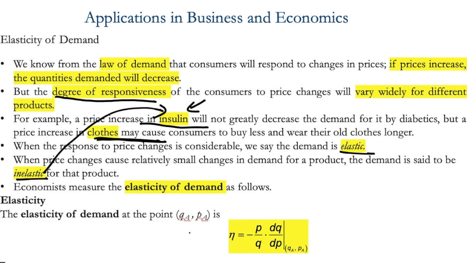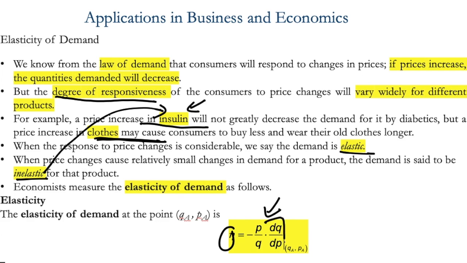The formula, let's say we have quantity equivalent to QA at the price of PA. PA could be $5, $6, whatever, and let's say at $5 the quantity is 10. I'm just making up numbers. Then the formula is given by this: eta is equivalent to minus P over Q times dQ over dP.